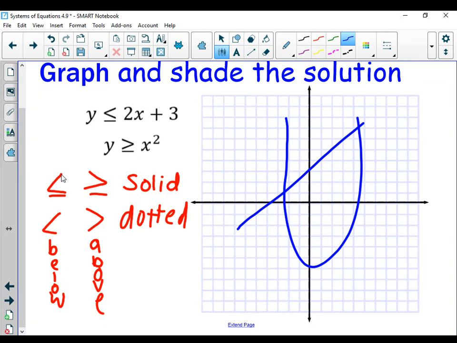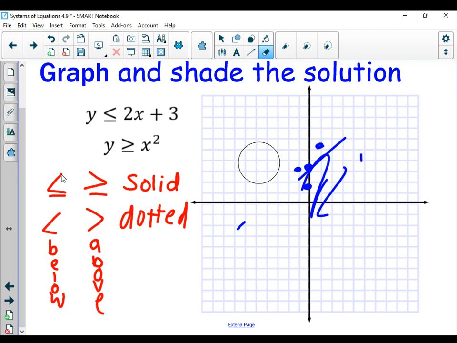You're not going to say it looks like that and, okay, cool, done. I want to see you actually plotting points and showing me what those points are. So if you did not have a calculator, let's do this one as if we did not.